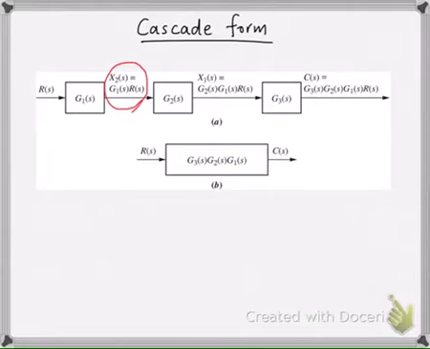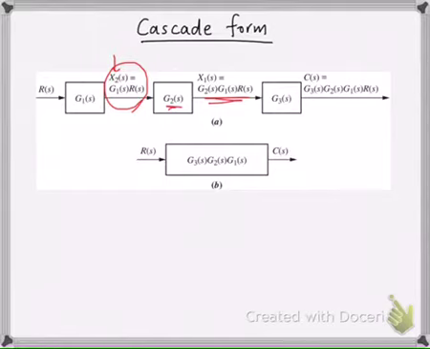The output of G2, let's call it X1, is G2 multiplied by X2. And X2 we already know is G1R, and therefore X1 is G2 multiplied by G1R. Then if this serves as the input to another system, G3, the output of that third system is going to be G3 G2 G1 R of S.